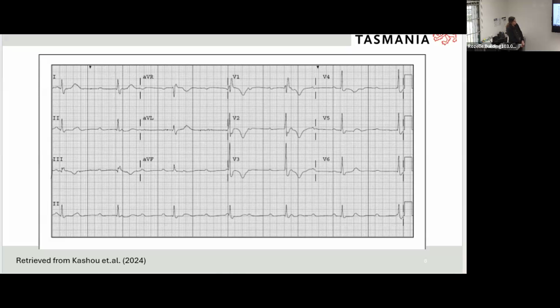Going back a tiny little step to talk about what that means. What does it mean, in terms of our T waves being inverted particularly? What does that represent?